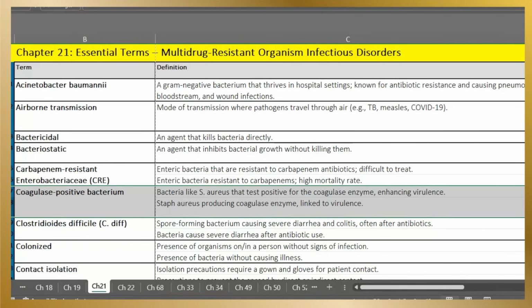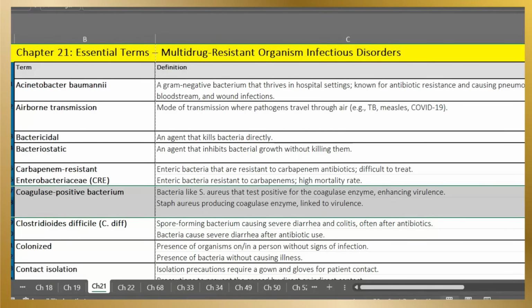So for coagulase, think about clotting, more virulent bacteria, and it's positive. So the staph is a gram-positive bacterium, and it's the pathogenic staph. Think like a sticky staph clumping blood.